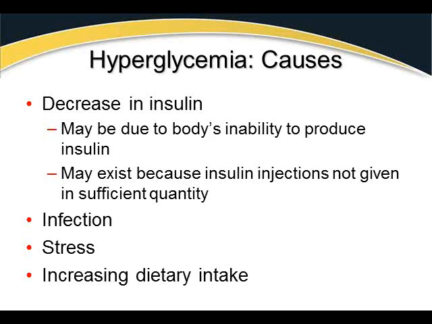Hyperglycemia, on the other side, is a decrease in insulin. Maybe the body's inability to produce it, or because insulin injections were not given in sufficient quantity. They took too little. One thing that can be confusing when diabetics are taking insulin is that insulin is in units, and units are not equivalent to milliliters.